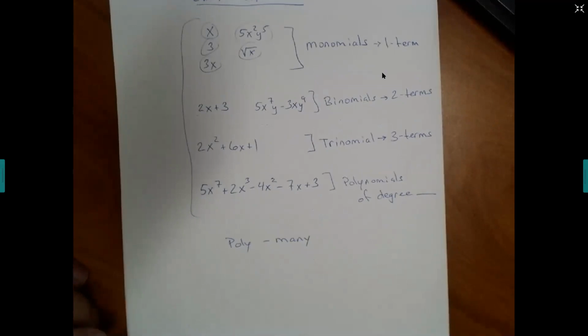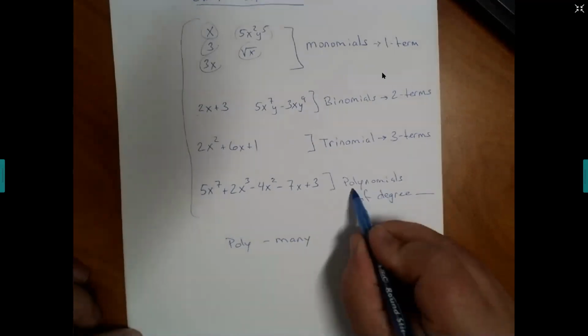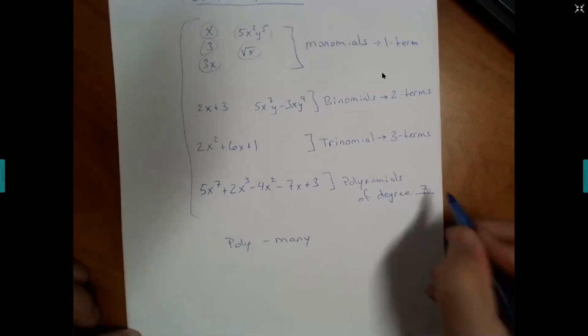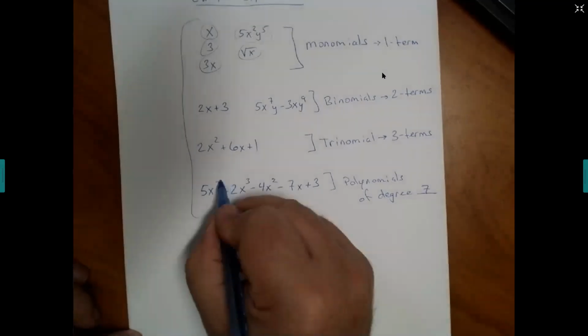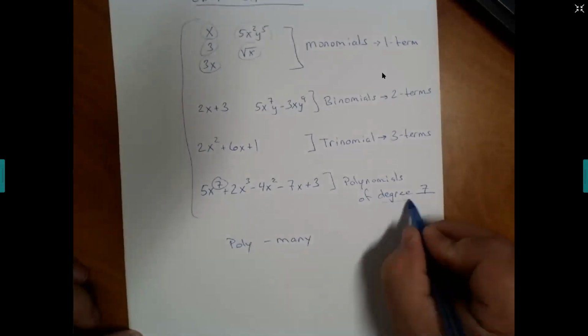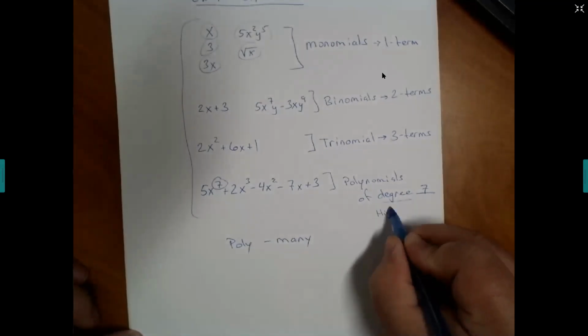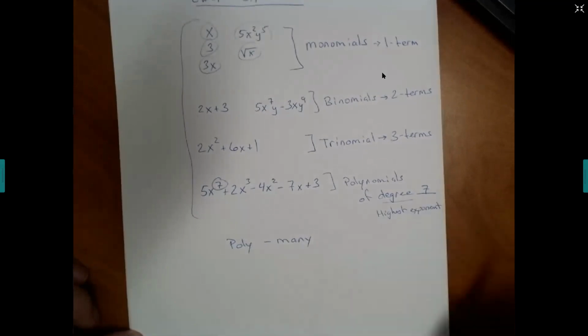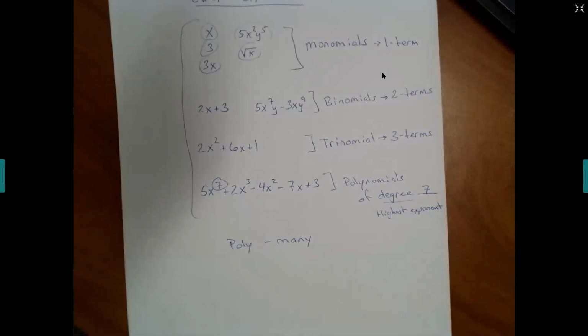So to define how ours is going to look, we say polynomial of degree. For example, this one is degree 7. The degree is the highest exponent, the largest power.